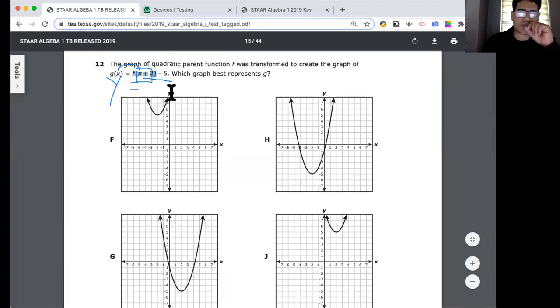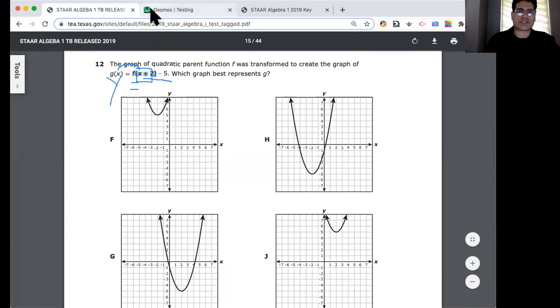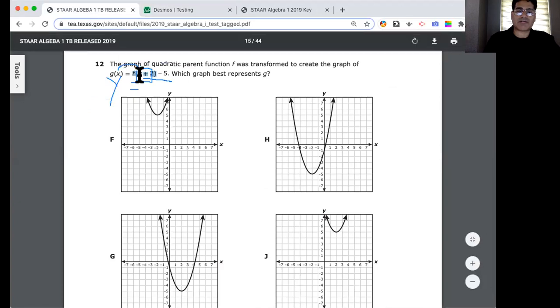So what is missing from that? Well, let's go ahead and start to set this up in the Desmos. I caution you, I would prefer to use g of x or the y equals, and I'm going to put my f for now just to set it up.